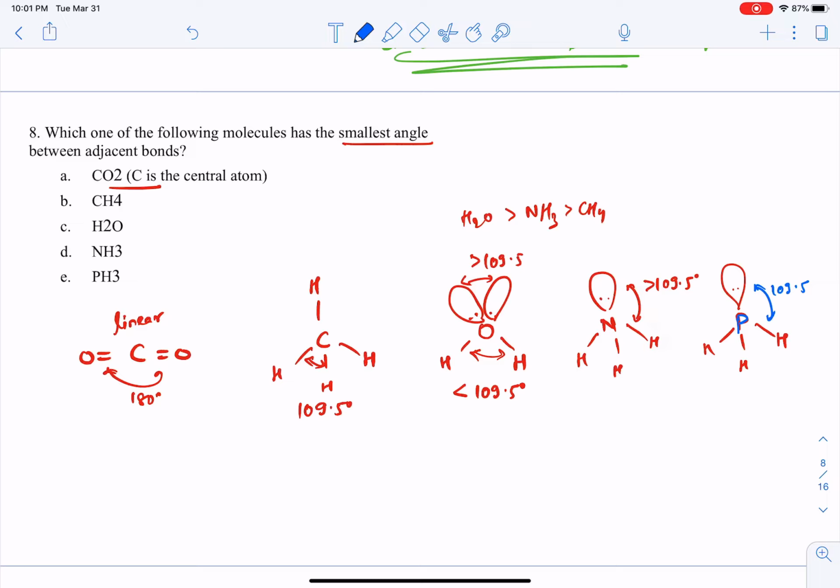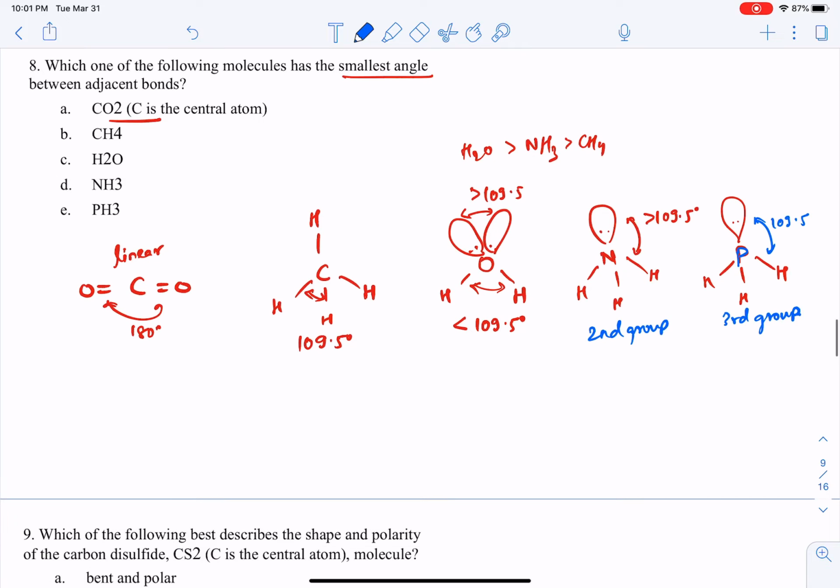So let's understand what the difference is between PH3 and NH3. You know that N is in the second period, P is in the third. N is much smaller in size, P is bigger in size.